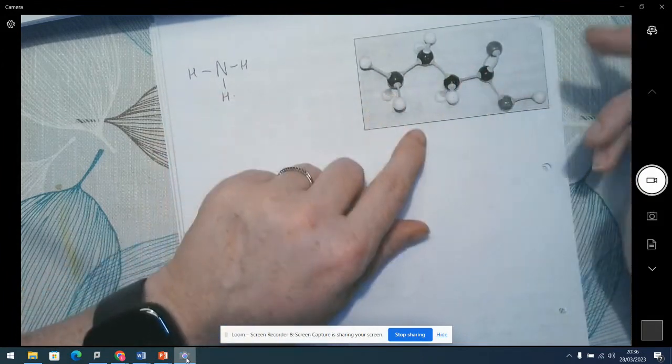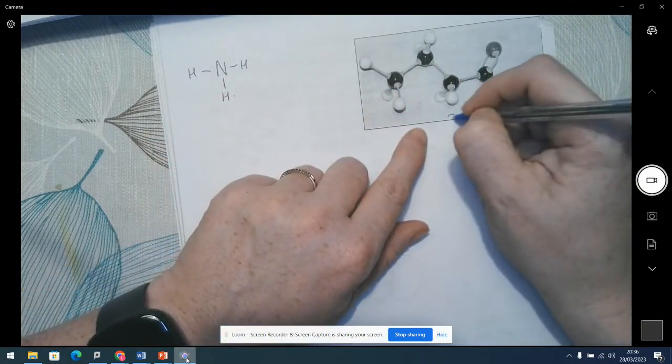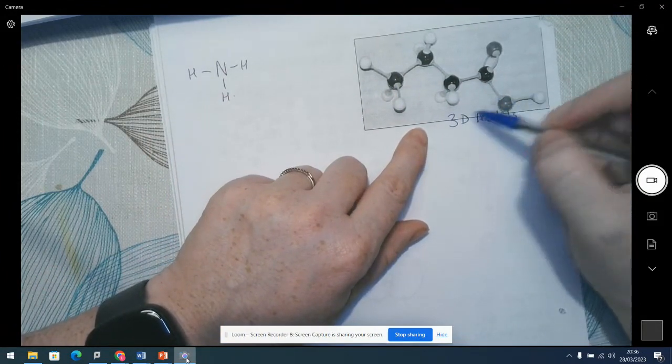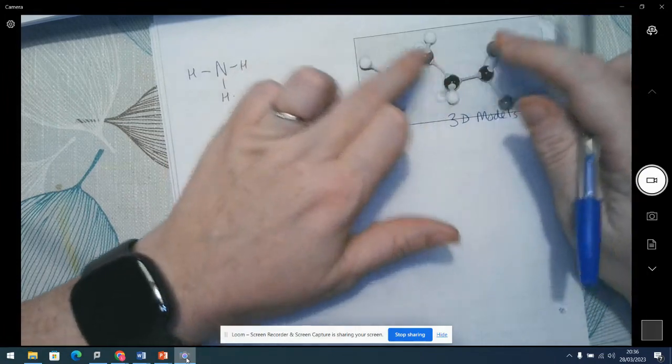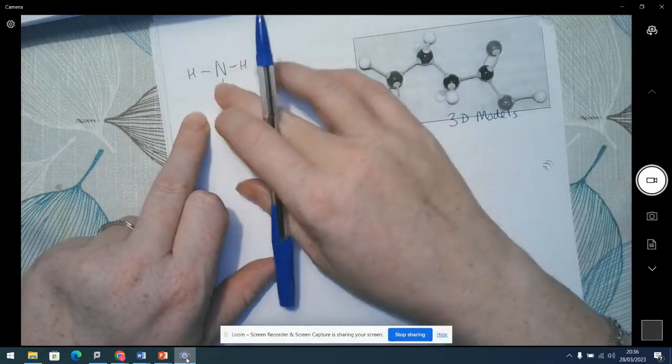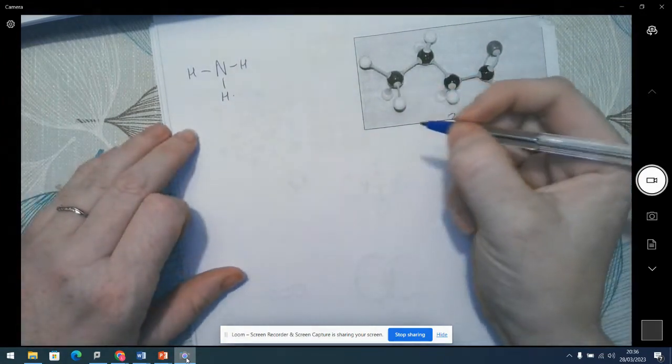These are your 3D models. And you might be asked to work out the formula from a 3D model or from a stick diagram model. So it's important you're able to write the formula for it.